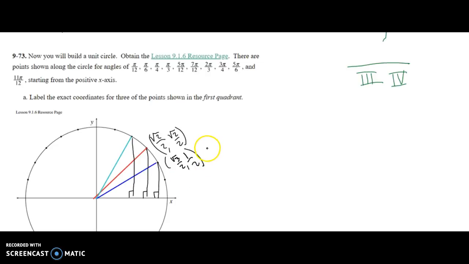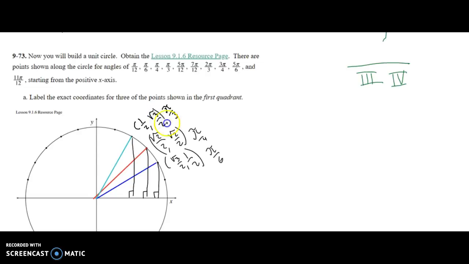And so that is for pi 6, right? And this is our pi fourths, and this line here is our pi thirds. And a pi thirds, this point right here is located at 1 half and the square root of 3 over 2.